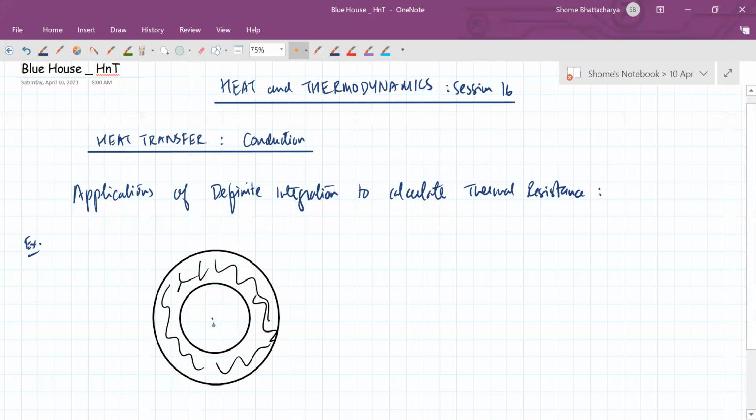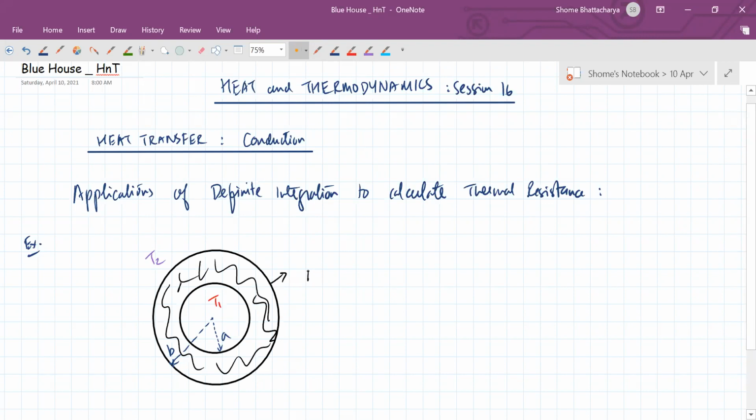It has inner radius A and outer radius B. Now suppose we maintain the inside at a different temperature and the outside is at a different temperature. Then there will be heat current coming out radially, from the inner part to the outer part. So we have to find the thermal resistance for that.